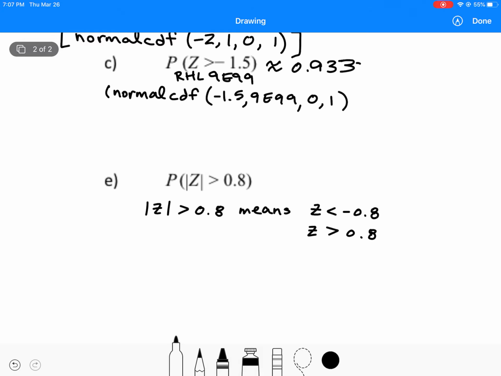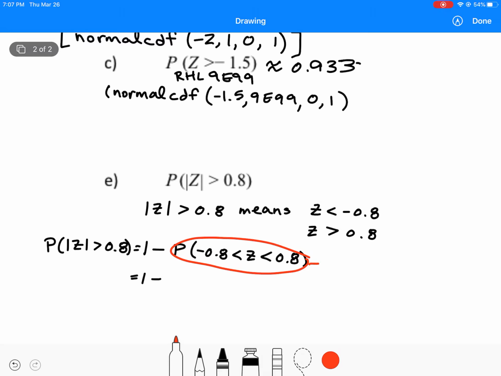So the probability that we're looking for is 1 minus the probability that z is between minus 0.8 and 0.8. That's really what we're looking for. So the probability that the absolute value of z is greater than 0.8 is equal to 1 minus the probability that z is in between those values. I can use my graphing calculator to figure out this part right here.